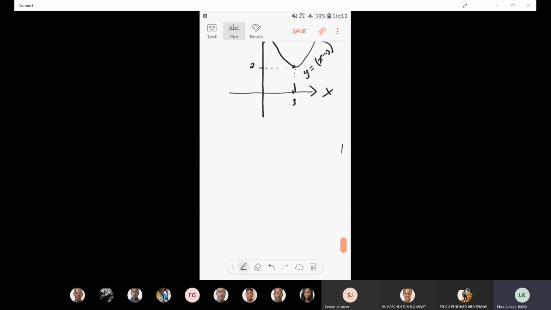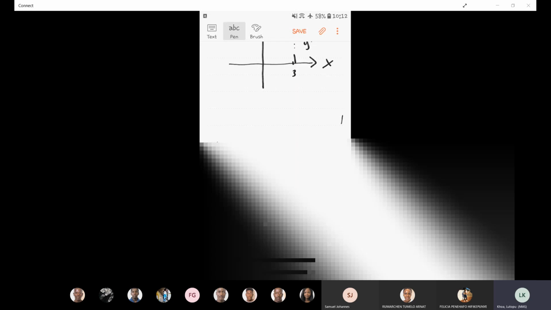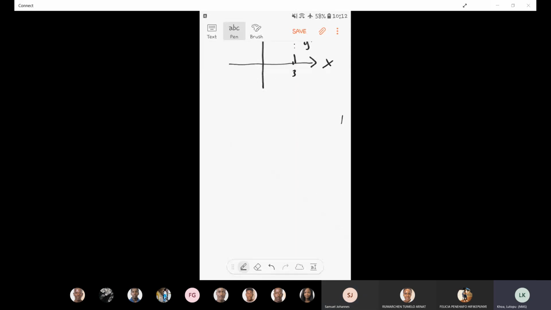And then we were on number 7. Number 8 is also a parabola. For that one, I'll just complete the square, and then you should be able to see how to sketch it.